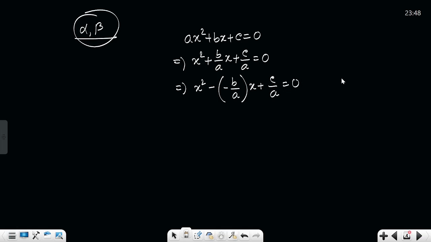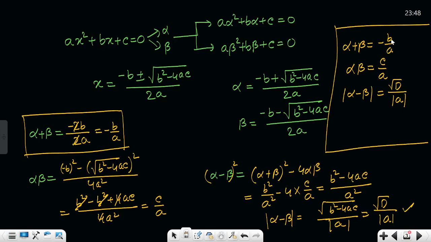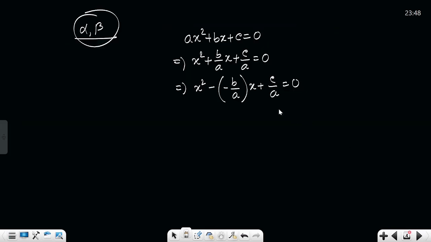Why did I do it? I discussed before that alpha plus beta is equal to minus b by a, alpha beta is equal to c by a. So if alpha and beta are the roots of this equation, we can write alpha plus beta is equal to minus b by a, and alpha beta is equal to what? c by a, right?